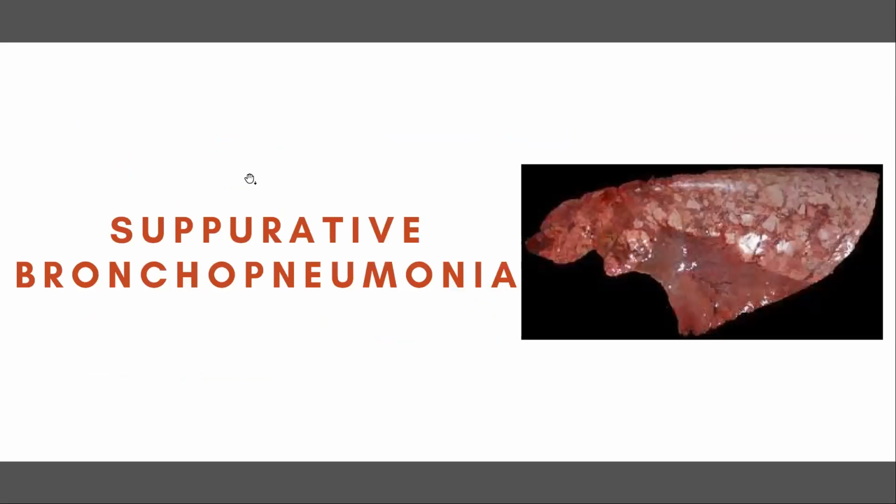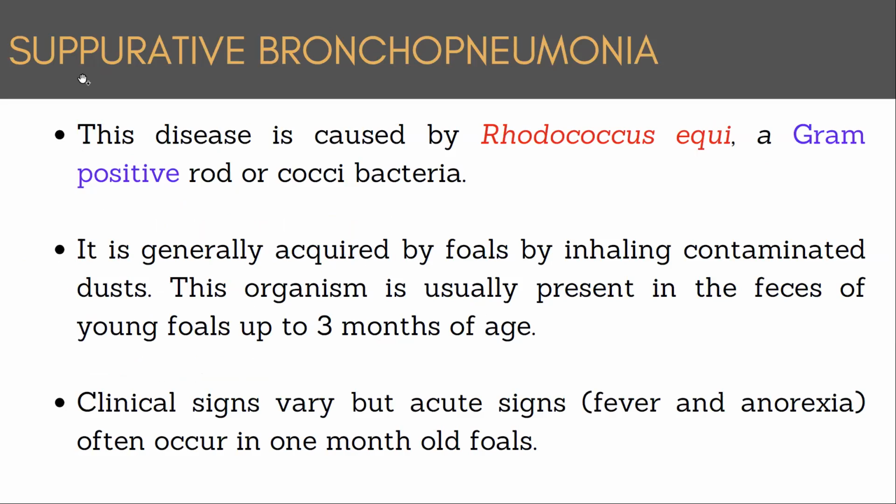So, next is suppurative bronchopneumonia. So from the name itself, involved ang bronchi and possible na magkaroon ng difficulty in breathing due to pneumonia. So suppurative bronchopneumonia is caused by Rhodococcus equi.